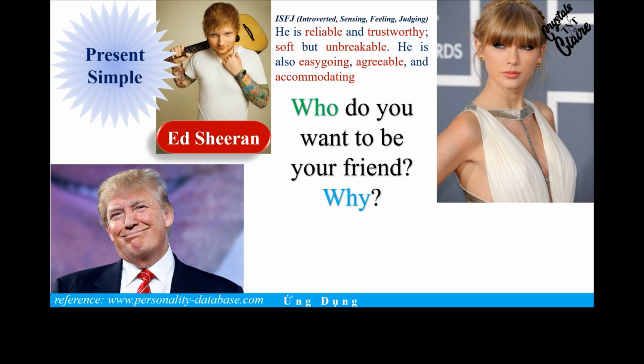Yes, so let's introduce the first slide of this introduction. ISFJ. ISFJ is a personality type among the 16 personality types of MBTI. It means introverted, sensing, feeling, and judging.